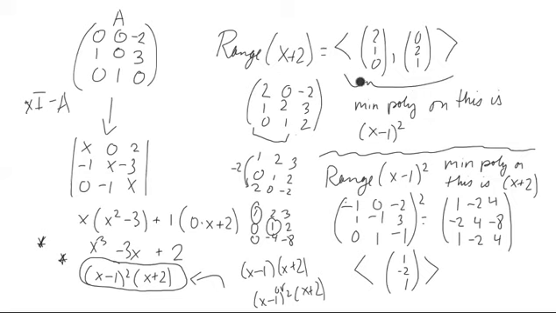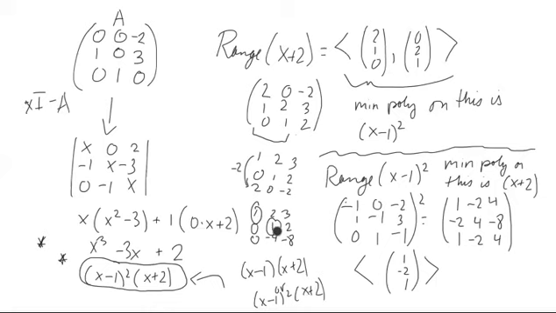How did we compute the range of x plus 2? We simply just add 2 to this matrix here, 2's down the diagonal, to get that. And then if we want to know what's the dimension of the columns, what kind of dimension these columns span, we could do a row operation until we can identify where the pivots are going to be when we finish out reduced row echelon form, which we don't need to.